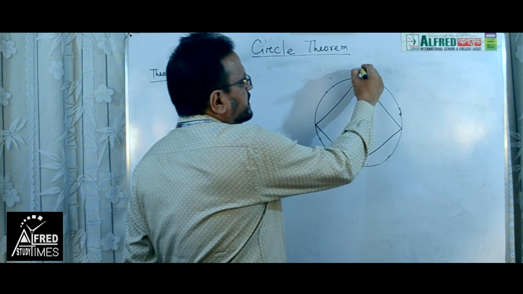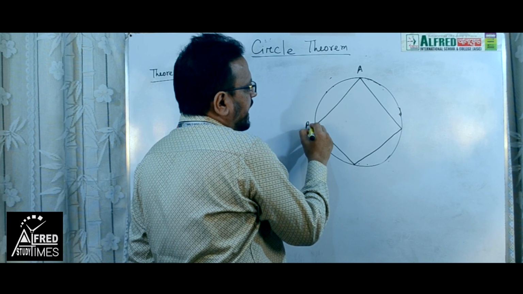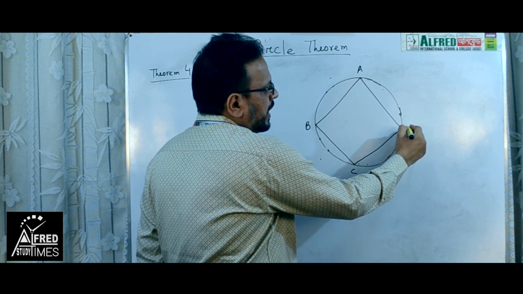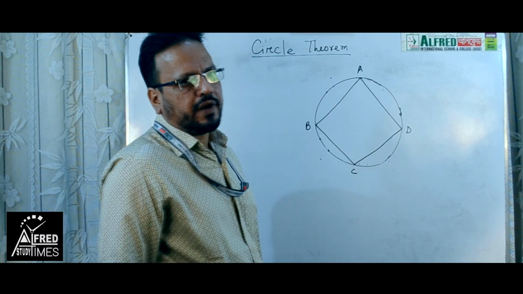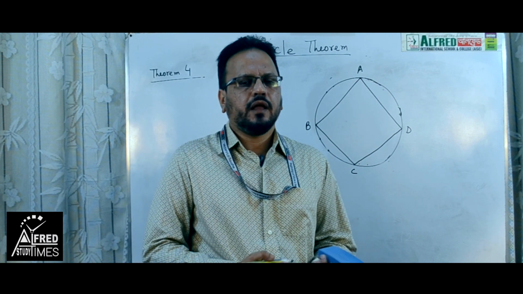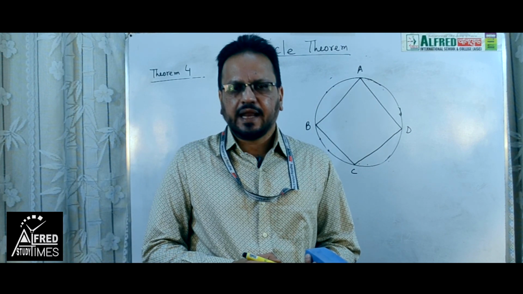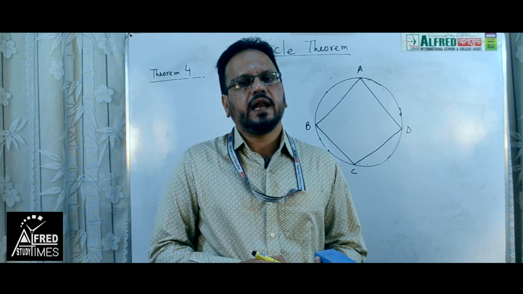The theorem says that the sum of the opposite angles of a cyclic quadrilateral is supplementary. It means that if we add the opposite angles of a cyclic quadrilateral, it comes to 180 degrees.